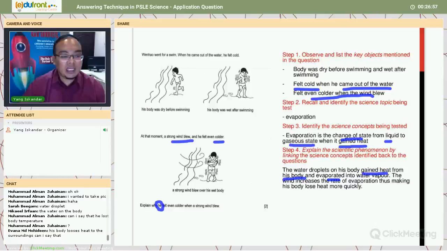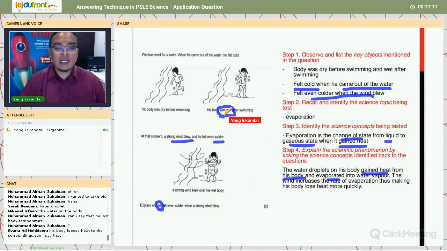So you mentioned that, Ivana asks, his body loses heat to surrounding. Loses heat to the surrounding is not really relevant because remember, the question here is that he went for a swim, and after he went for a swim, his body was wet.